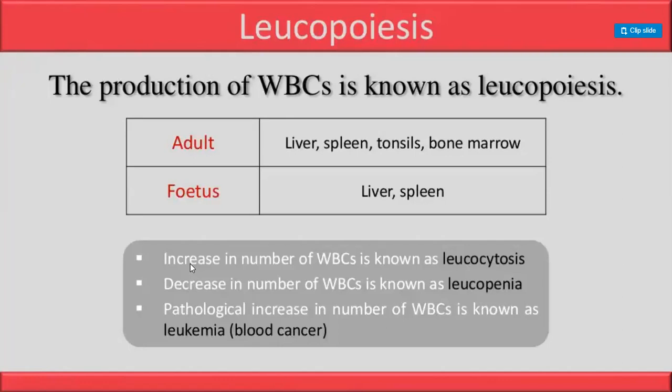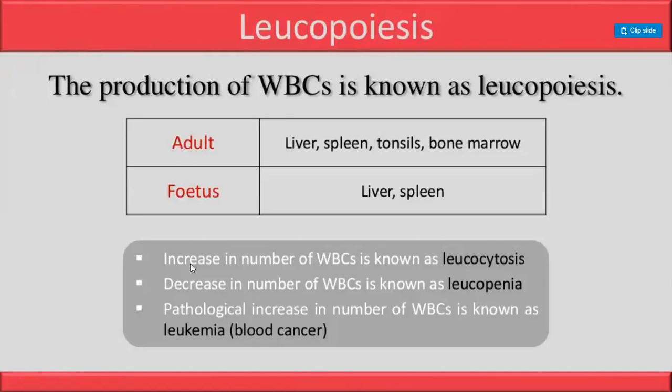So when you have excessive, abnormally excessive, or pathological production of white blood cells, then we have what is called leukemia. And there are different kinds of leukemia, which we would also discuss later. We have acute leukemias and chronic leukemias, and we will look at each of them.